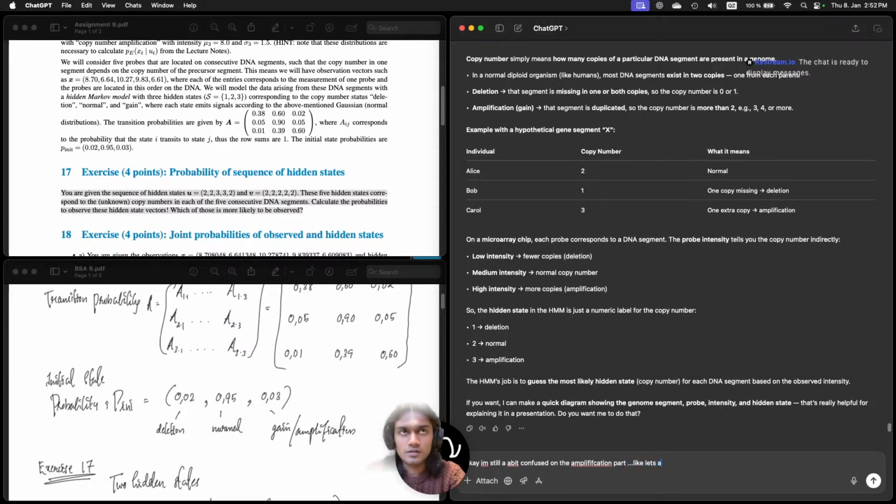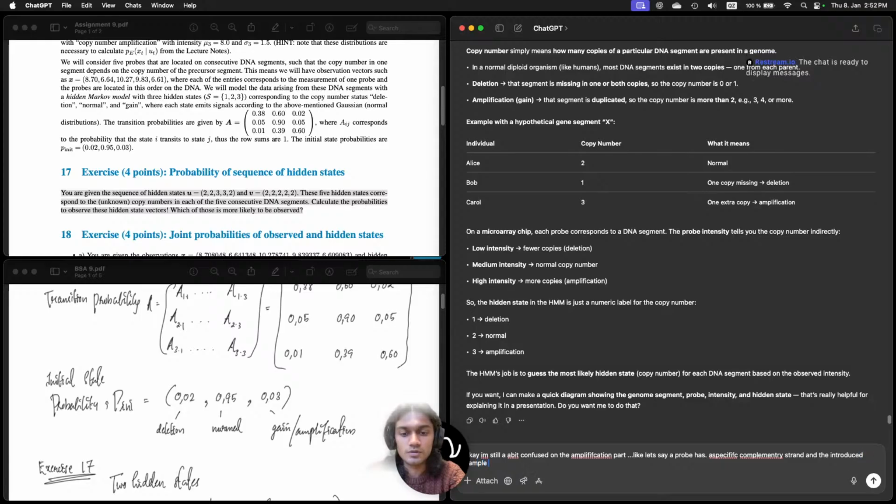Let's say a probe has a specific complementary strand, and the introduced sample, both, let's say, have segments of 1000 bp. How does the higher intensity one work?